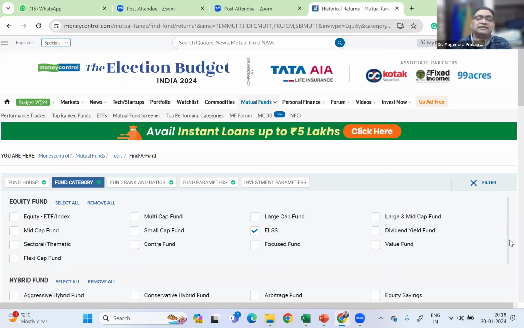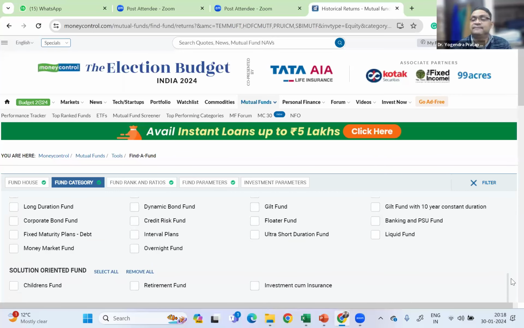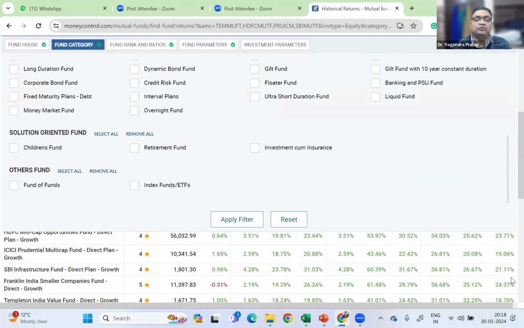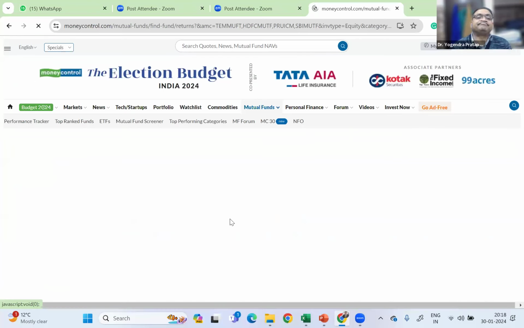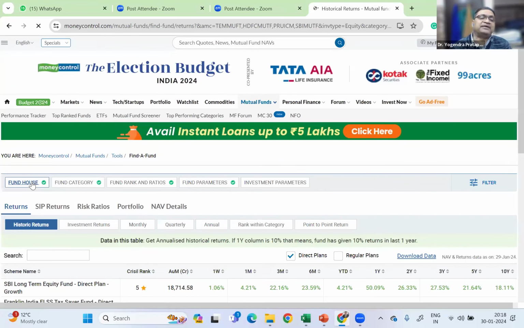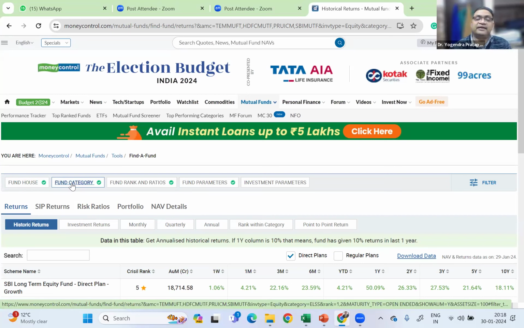After choosing only the ELSS, apply that filter. So first I've chosen the fund house. Then I've chosen the fund category. Within the fund category, I've chosen only the ELSS. That is the tax saving.